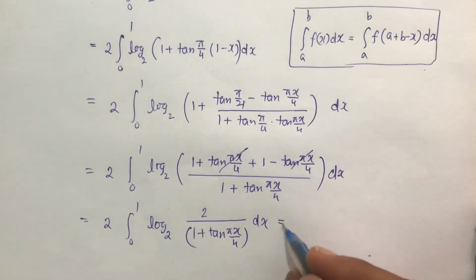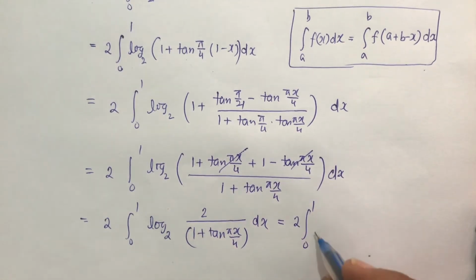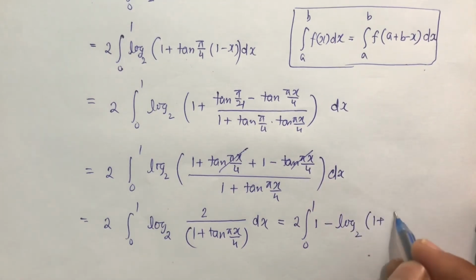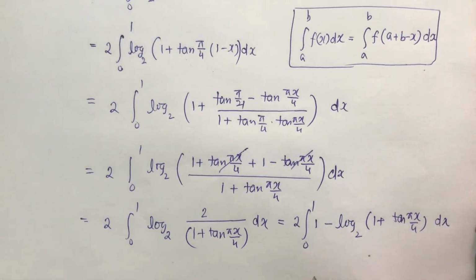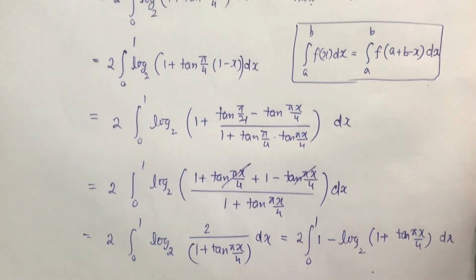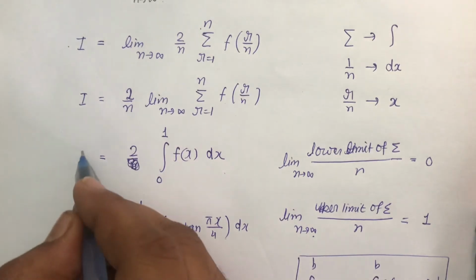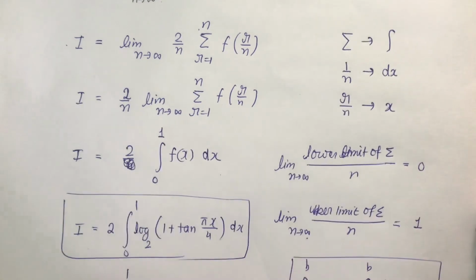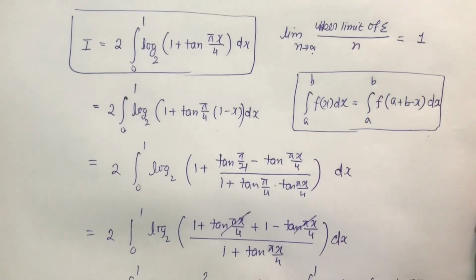Now you can see this is twice the integral from 0 to 1 of log 2 minus log of (1 plus tan(pi x by 4)) dx. Now if you clearly observe, this was our integral which we had to find out, I. This is also I. You see this I, what is it? Twice the integral from 0 to 1 of log 2 of (1 plus tan(pi x by 4)) dx. The same thing is written here also.